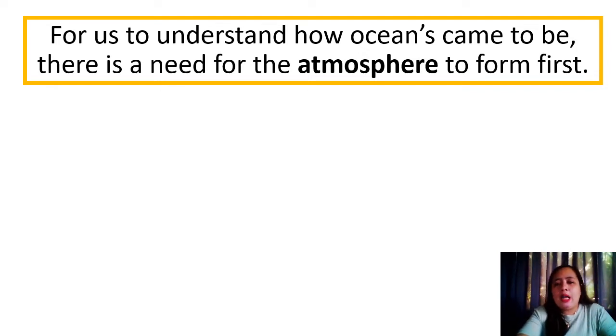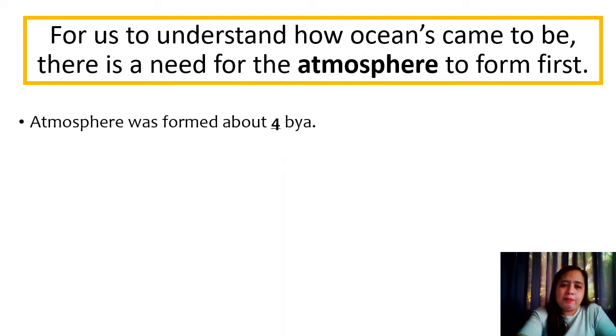For us to understand how oceans came to be, there is a need for the atmosphere to form first. And this is the intermediate thing that I am talking about. Now, the atmosphere was formed about 4.1 or 4 billion years ago.